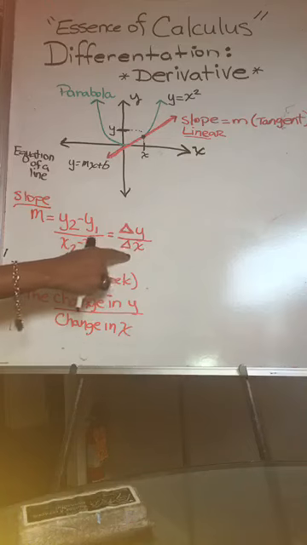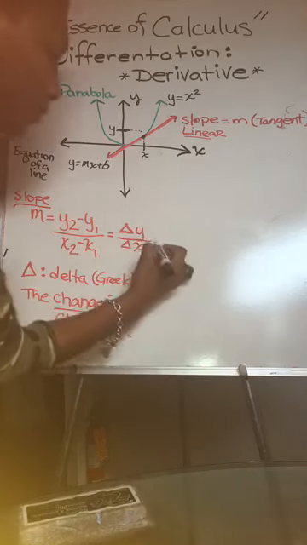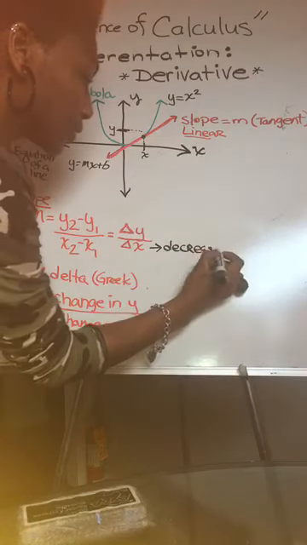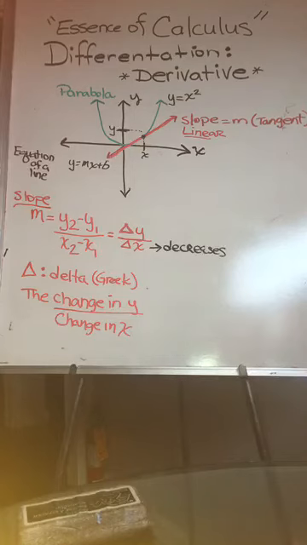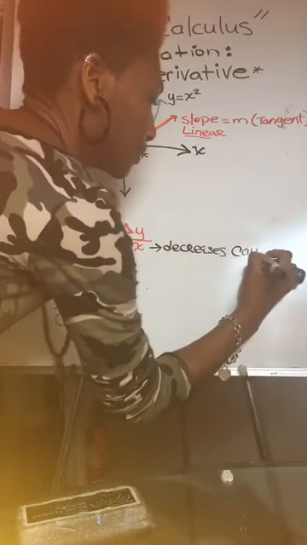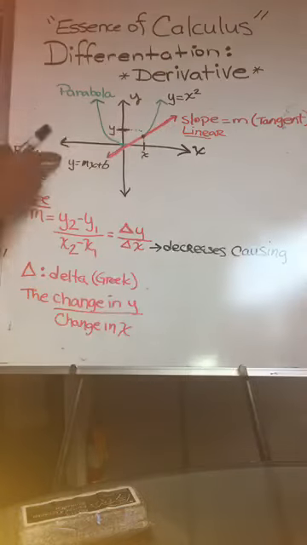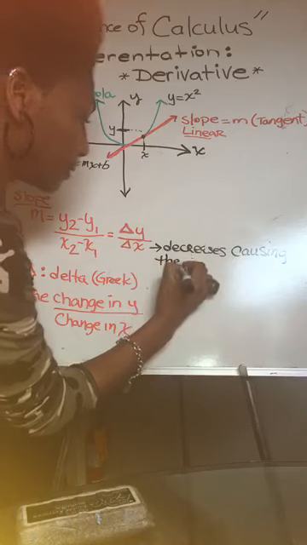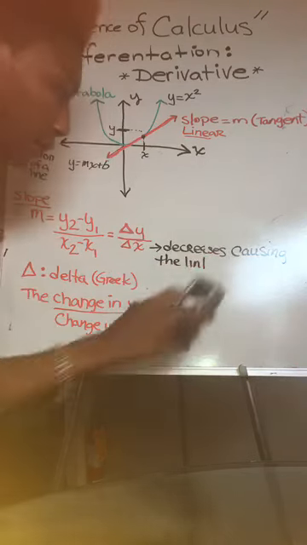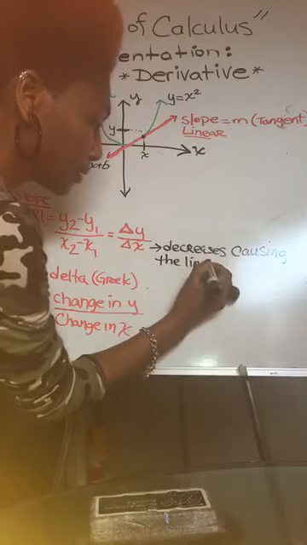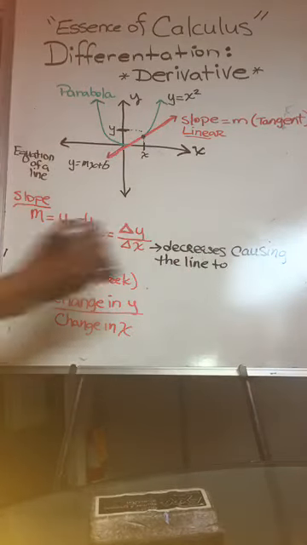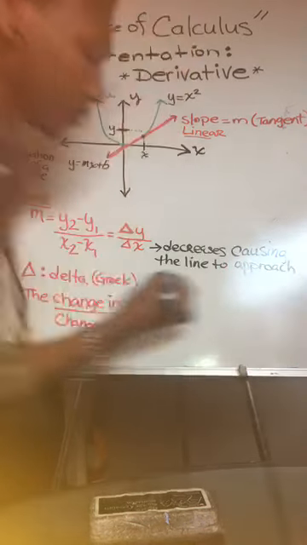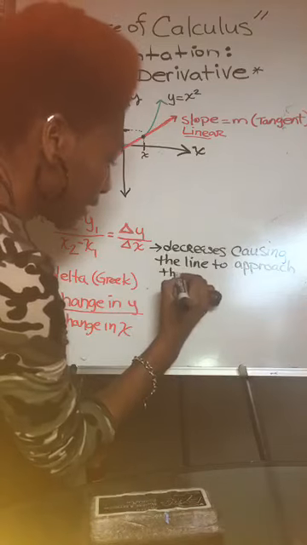And this change in x decreases, causing the line, causing our equation, causing this line here, to approach, this is very key, approach the tangent.